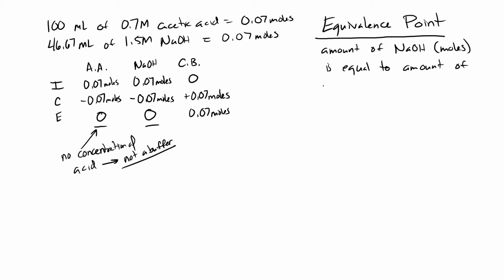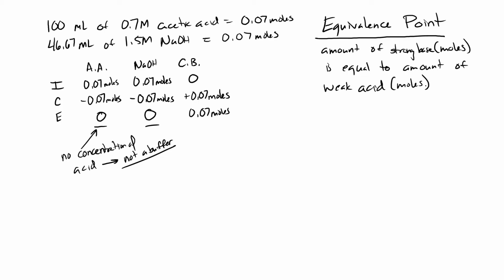I should have said strong base. Oh, gosh, I can't talk and write at the same time. I should have said strong base here, right? Because we'll usually be using sodium hydroxide, and in this case we definitely are, but it could be another strong base. The amount of strong base is equal to the amount of weak acid, right?